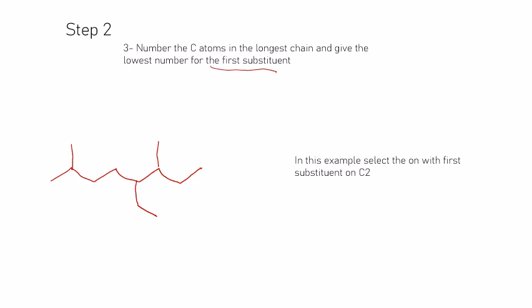So how do I know which is the first substituent? If I number from this side, 1, 2, 3, 4, 5, 6, 7, 8, I have the first substituent here, and that's the second one, right? If you're numbering from the other side, 1, 2, 3, 4, 5, 6, 7, 8, in that case the first substituent is on the third carbon. So the one I will select is the first numbering. Okay.